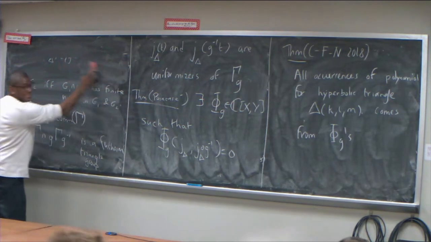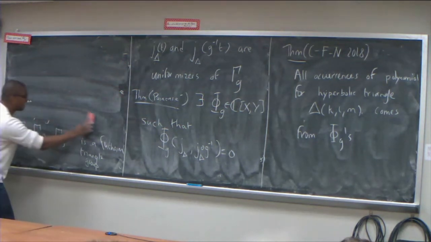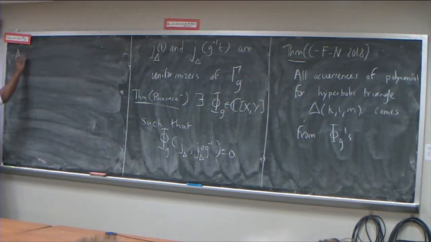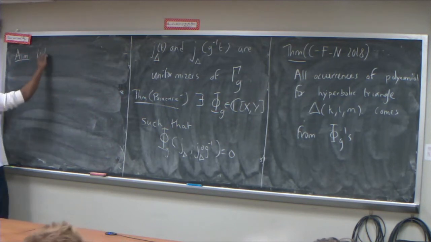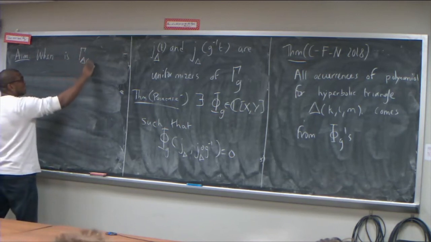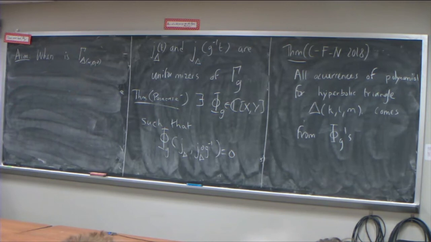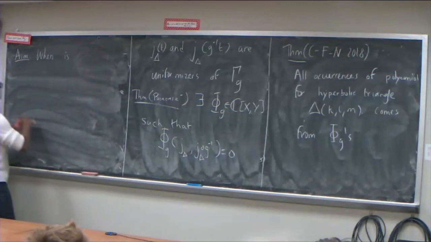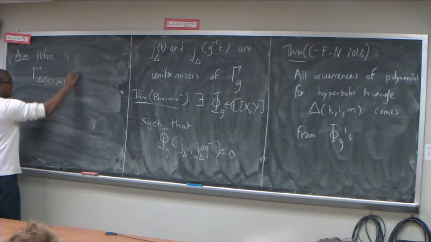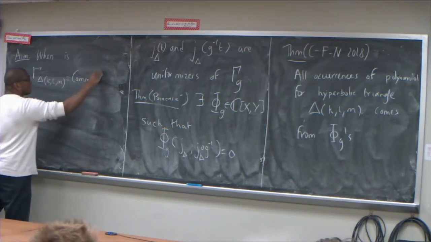And so the end of the story is the following. All we need to figure out is when gamma triangle, not for the hyperbolic one, but for any triangle, when KLM is equal to the commensurator.